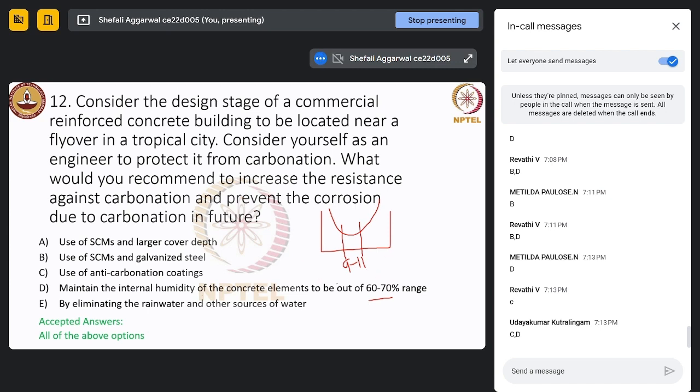If it's less than this, then we are making sure that there is no water available for carbonation. And if it is more than 70%, then there is too much water and CO2 is not able to get inside the concrete. Last, we are eliminating the rainwater and other sources of water. So if less water is available, there is less chance of carbonation.